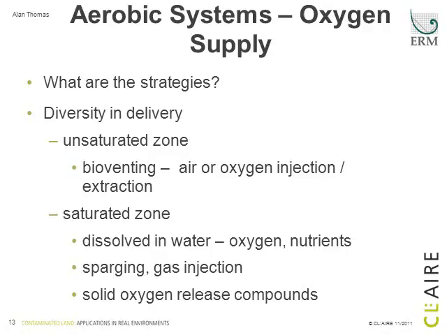In the saturated zone, we can dissolve oxygen and nutrients in water and inject them. We can do gas injection or sparging or gas diffusion, or we can use solid oxygen release compounds. So three physical ways there of actually introducing oxygen into the subsurface.